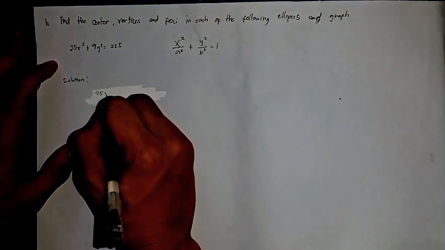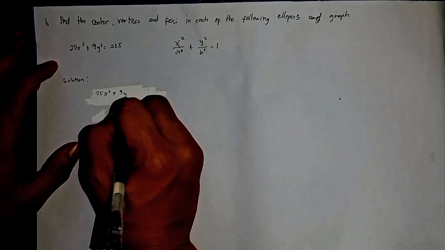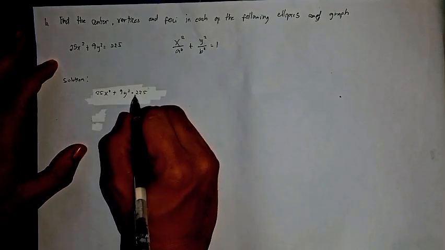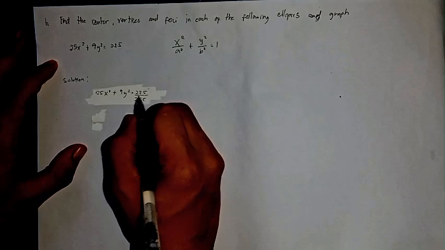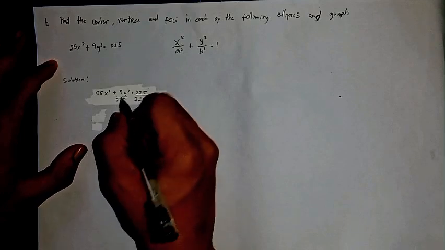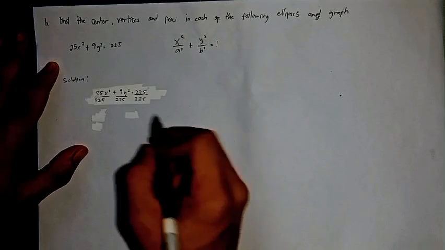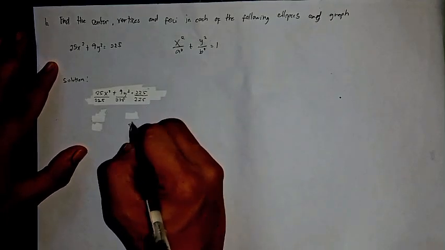25x squared plus 9y squared is equal to 225. Now, let's divide both sides by 225. 225 divided by 225 is equal to 1.